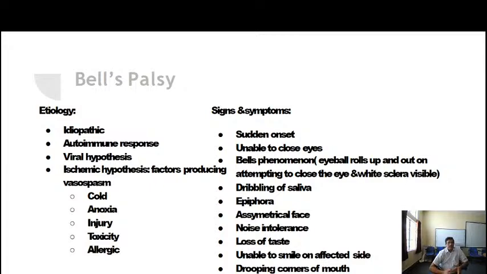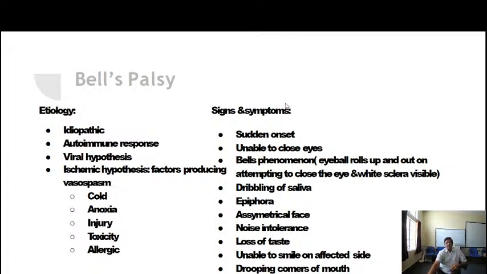Then if you go into the etiology, the exact etiology is not known, that means idiopathic. There are various conditions which are incriminated, like the autoimmune response, the viral hypothesis, the ischemic hypothesis, wherein factors which produce vasospasm, the cold, the temperature, anoxia, injury, toxicity, and allergies. These are the various etiological factors.